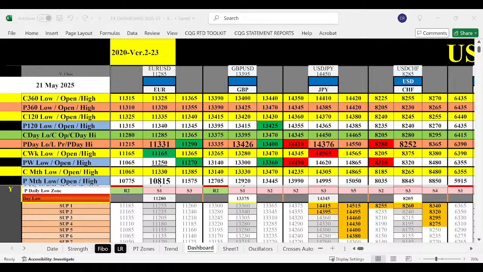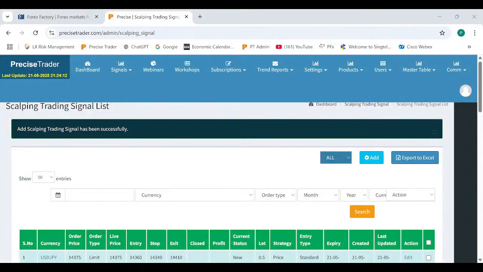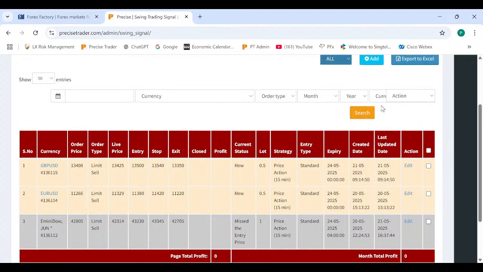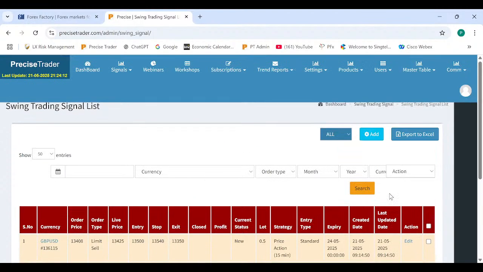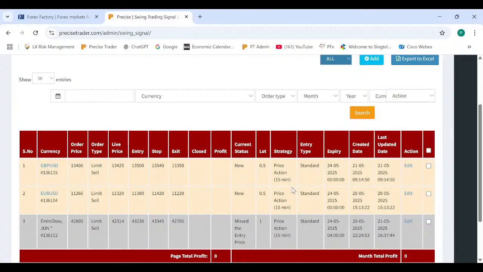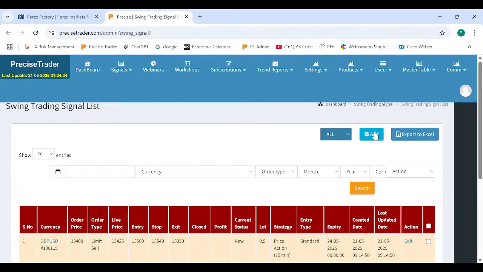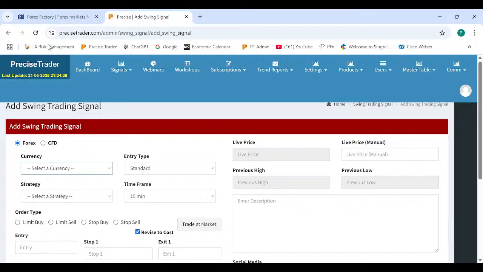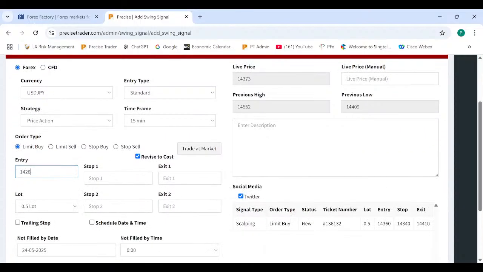Okay, so now we can give a swing trading call, which is we want to go for a buy on dollar yen, and the expiry is until Friday.